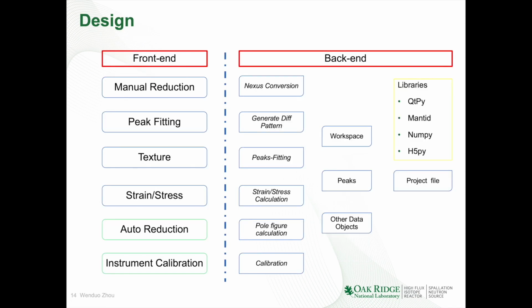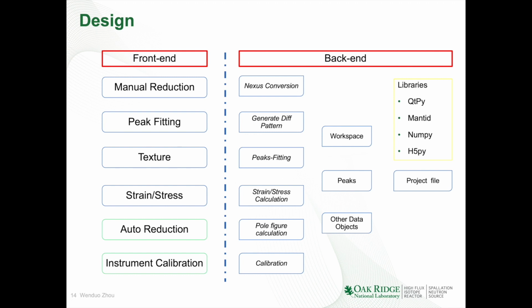PyRS is composed of a backend and a front end. The front end provides the GUI for manual reduction, peak fitting, texture analysis, and strain stress calculation and visualization. The auto reduction and instrument calibration are Python scripts. The backend contains the data structures abstracted from physics quantities.